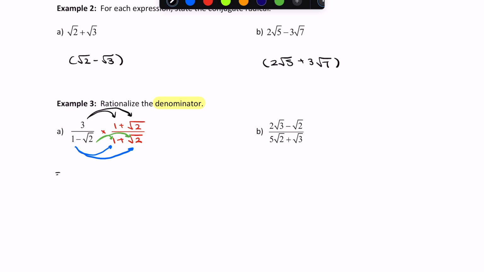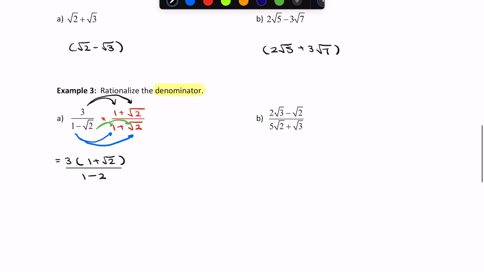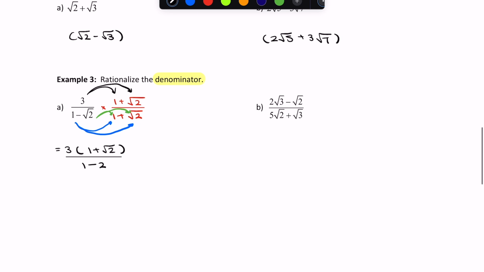What we'll be left with is 3 bracket 1 plus square root 2 over 1 minus 2. And here we have 3 bracket 1 plus square root 2 over negative 1.